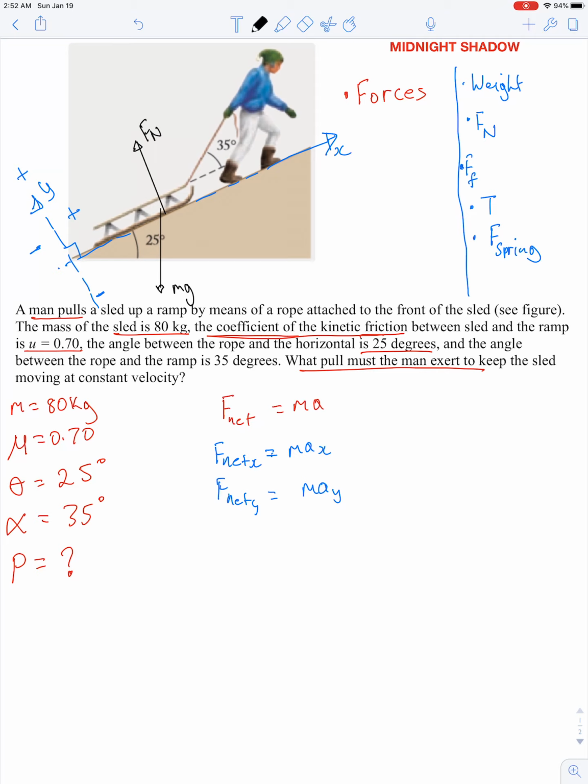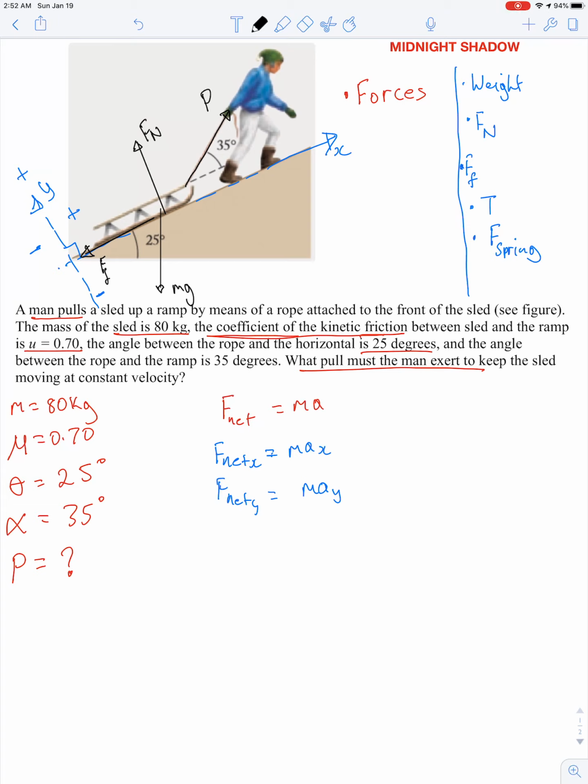It did mention friction. Friction always acts in the opposite direction of motion. The sled is going up, so friction would act to the left, and it's always parallel to the surface. So that's your friction there. And the man is pulling with some force P. Great, that's step 2. We've drawn all our forces.